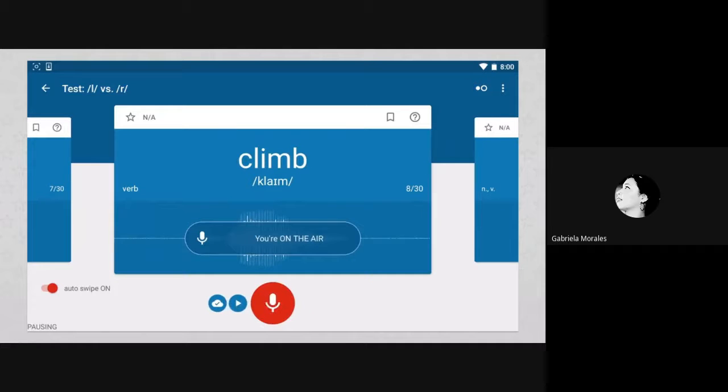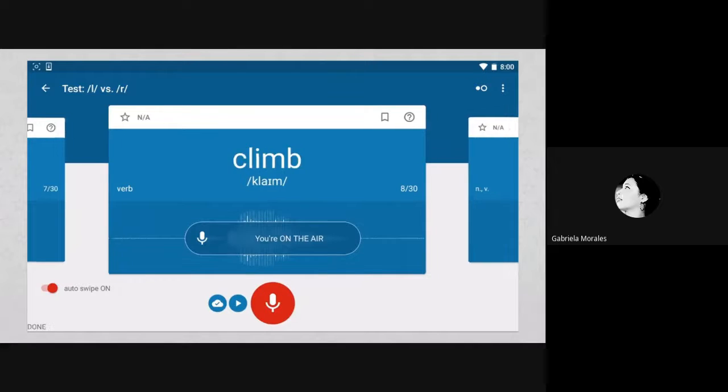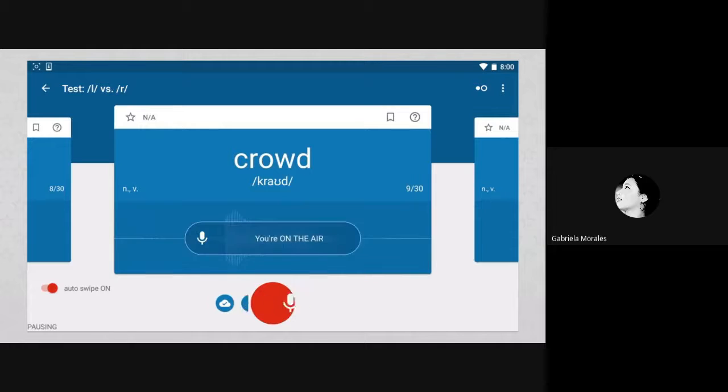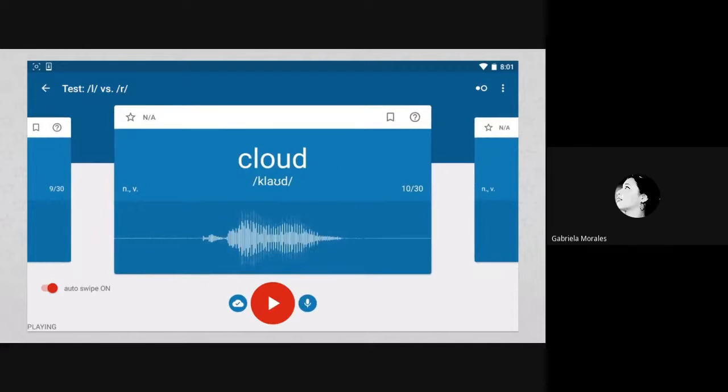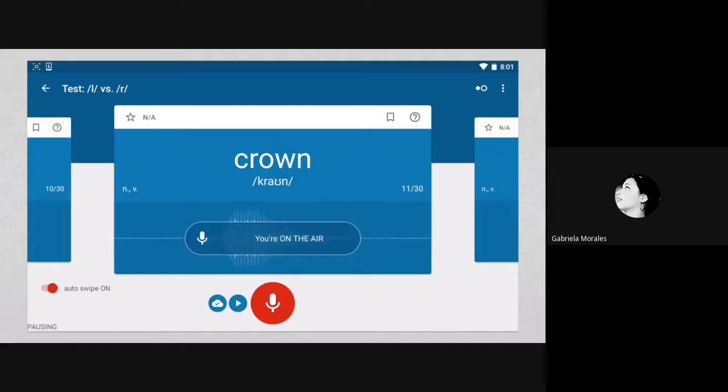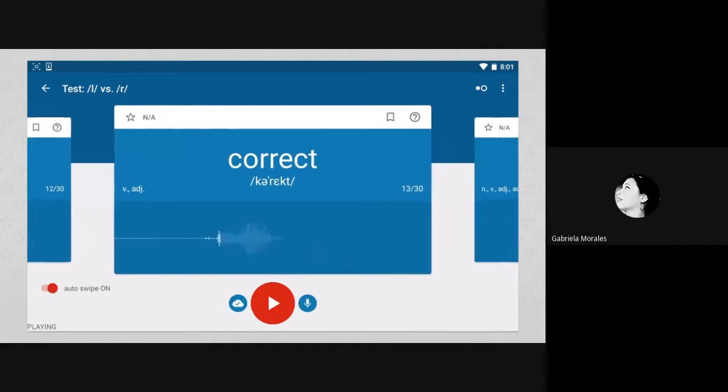Climb. Crowd. Cloud. Crown. Clown. Correct.